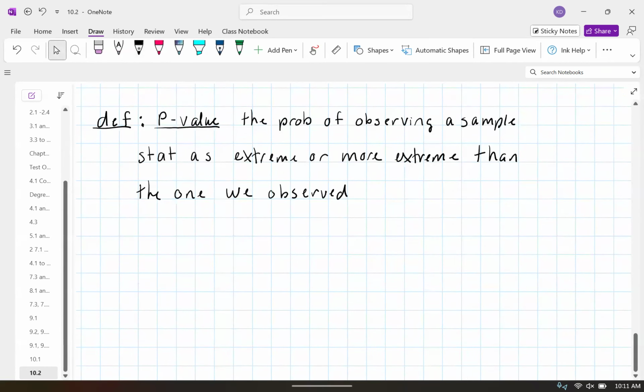The probability that we get this one, or I don't want to say higher because we could do lower too, but farther in the tails than ours. And we want the lowest P possible. We want the probability that we get an odd sample to be low, because then that means our sample is significant. It matters. It's not just chance.